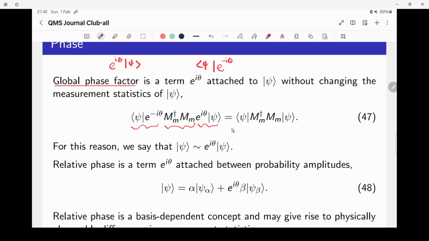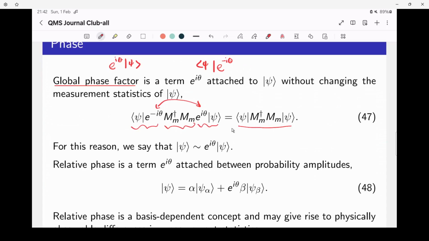In this case, these two terms are just values, so you can factor them out, and obviously when you multiply them together, they just cancel off. So in the end, you get something like this.